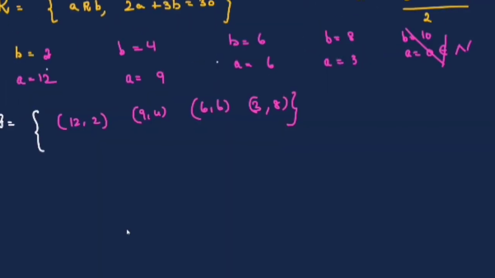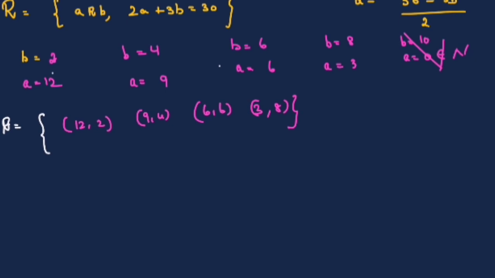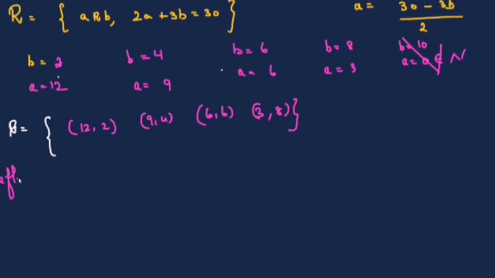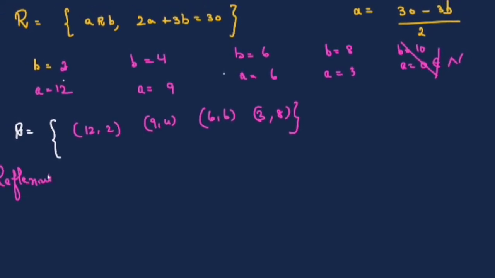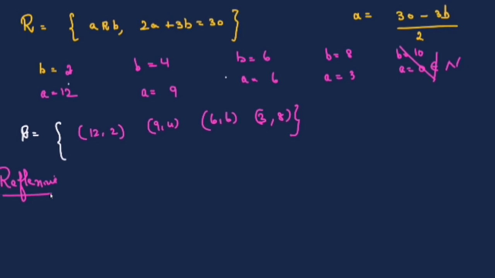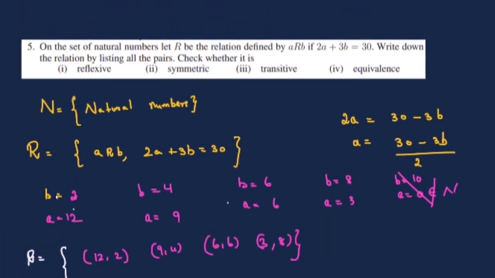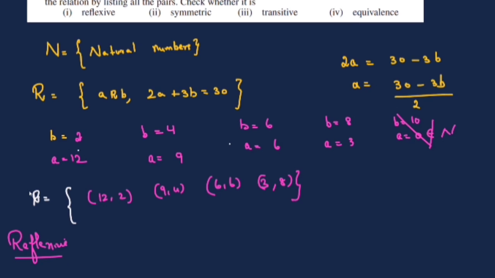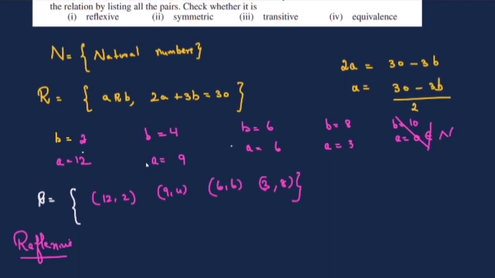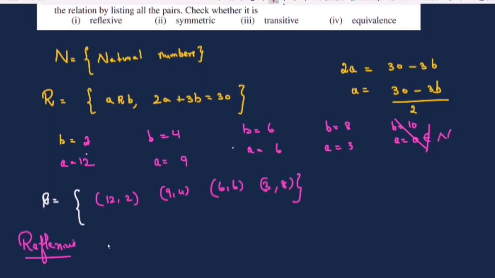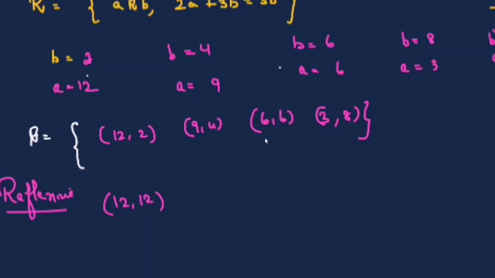Now you check whether this is reflexive. What is a reflexive relation? Why? When you say no, just give one example. One example from here. You know the elements now. A is 12. Do you have (12, 12)? If you take 6, (6, 6) should be there.